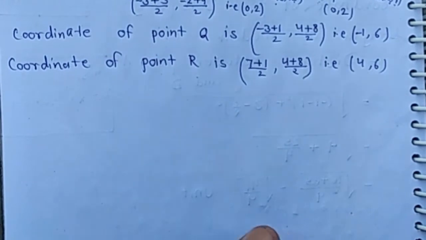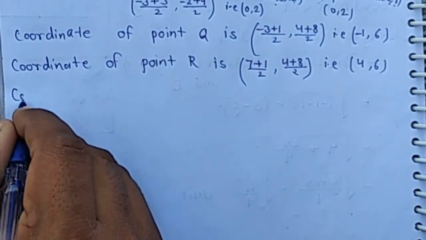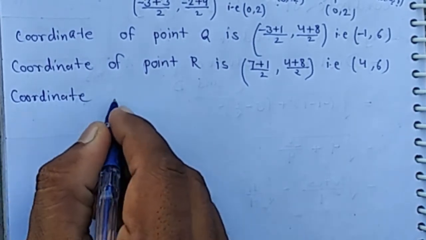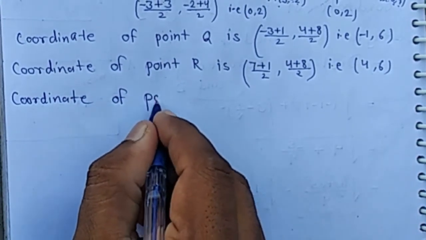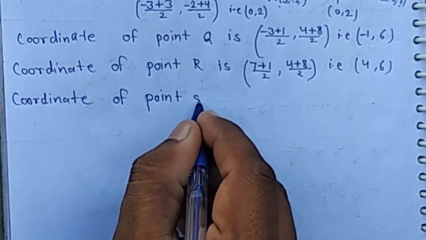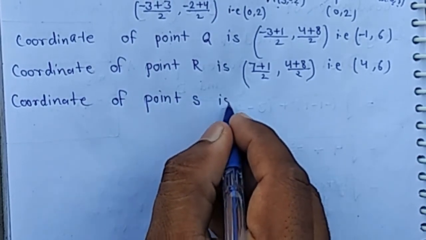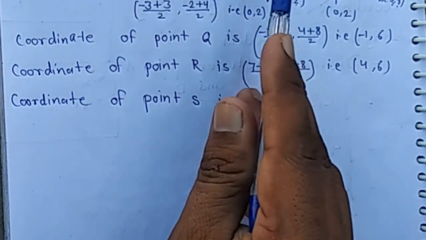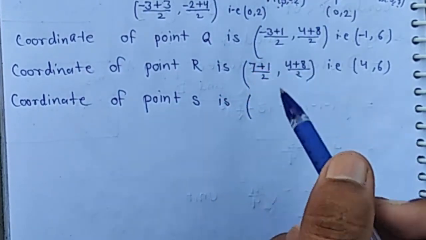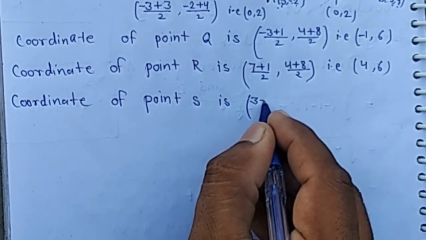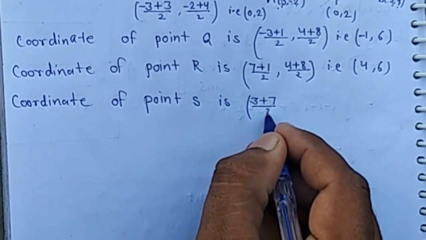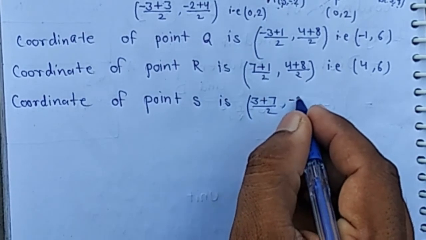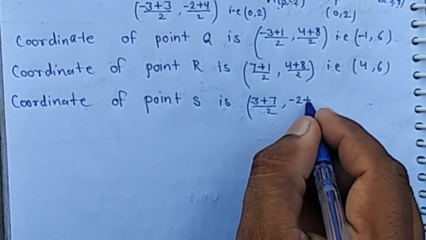Similarly, coordinate of point S is (x1 plus x2) by 2. S is the midpoint of AD, means 3 plus 7 by 2, comma (y1 plus y2) by 2.